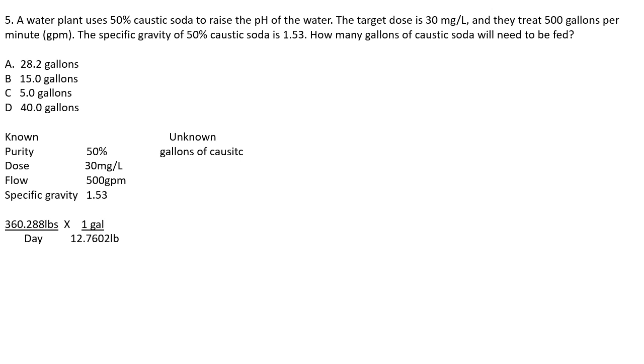So you had 360.288 pounds per day, and 1 gallon of caustic soda weighs 12.7602 pounds. And to get this to convert, you put that on the bottom so that the pounds cancel out. So you do division, and the answer is 28.235, which rounds to 28.2 gallons.